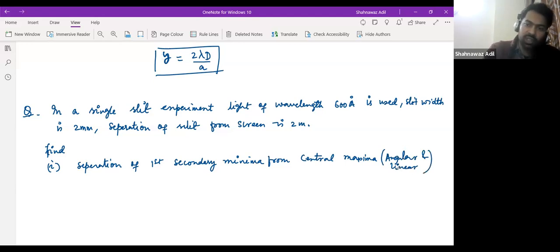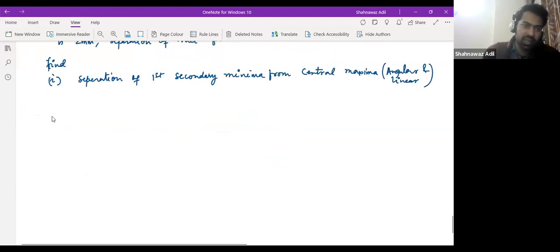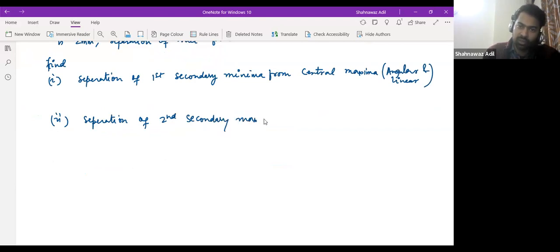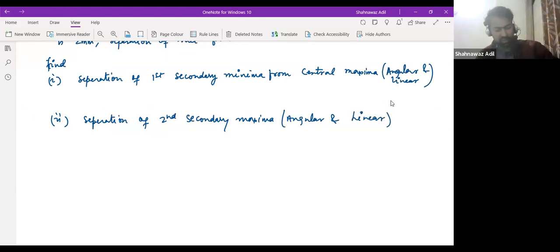So these are the two things that we have to find. And the second question is the separation of the second secondary maximum, and again angular and linear separation. So this is the question.